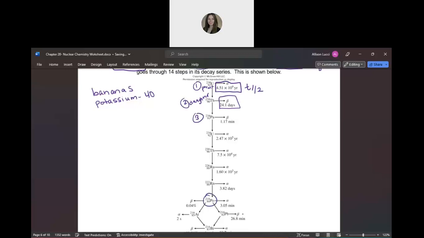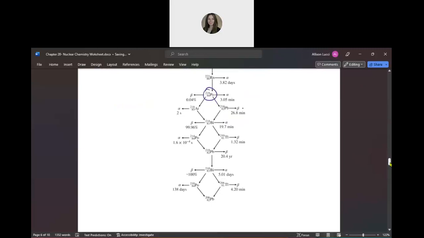We get to polonium-214 down here. We see that there are 2 different paths our decay could take. The majority undergoes alpha decay, but a small amount, 0.04% of this polonium, would undergo beta emission. We follow along and notice here we actually have a lead isotope, a different isotope here, but both turn back into bismuth-214.